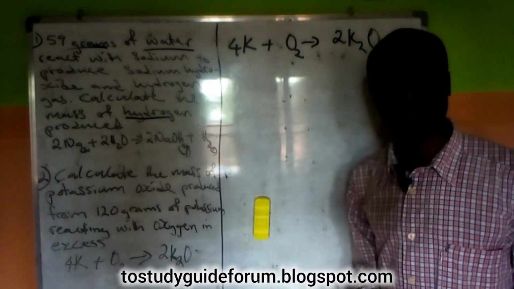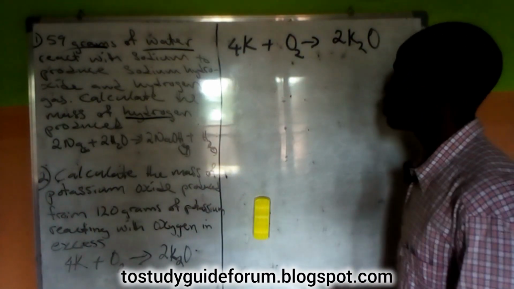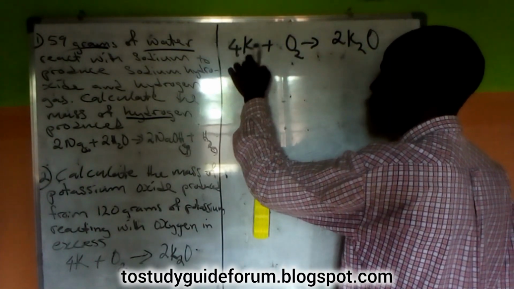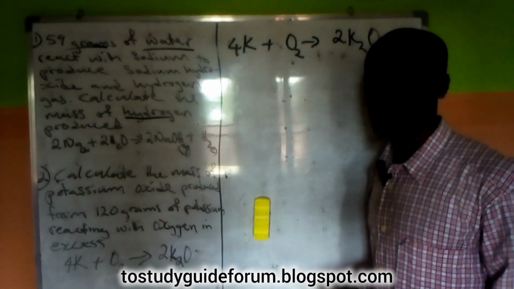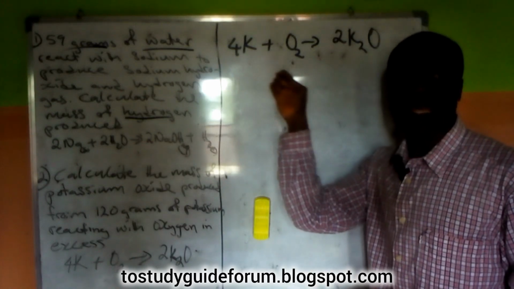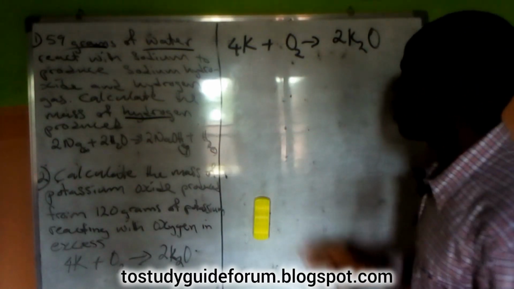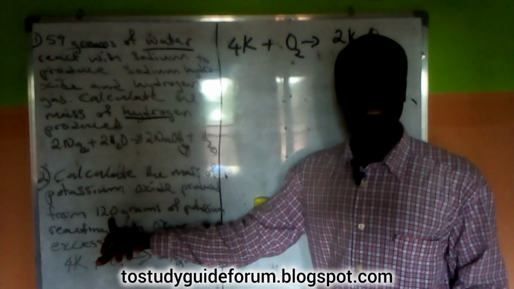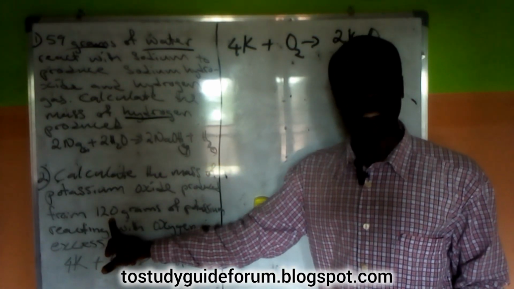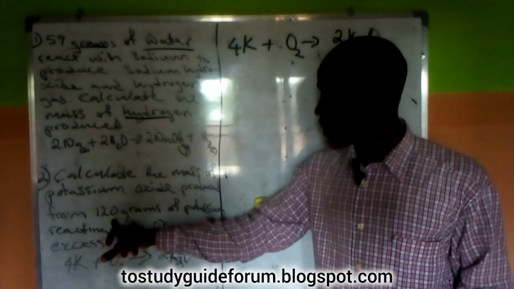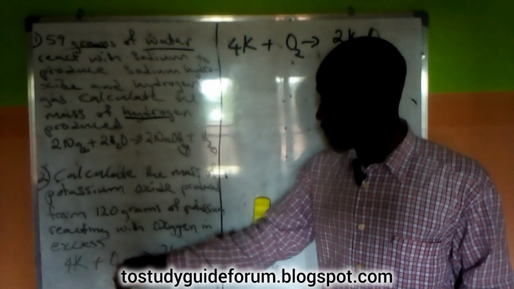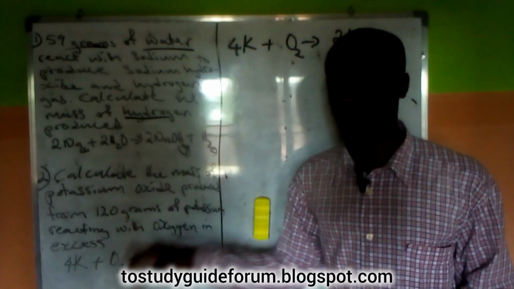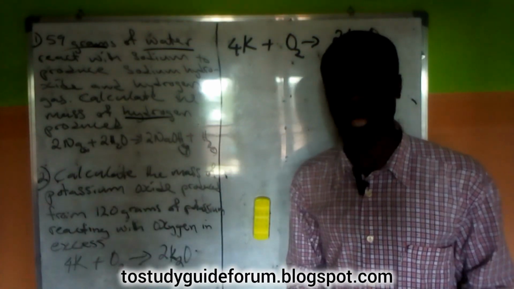The mass is what we are going to use to solve this. First, we can get the mass of potassium that is involved in this balanced chemical equation. When we get that, we will use it to compare and get the mass of potassium oxide that we produce from the mass of 120 grams of potassium.